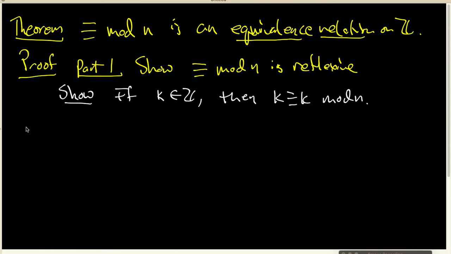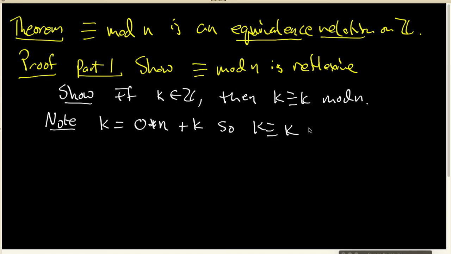Well, here's the proof of this little fact. We're going to make a note. k can always be written as 0 times n plus k. And using that definition, that says k is congruent to k modulo n. So the reflexive property is done.